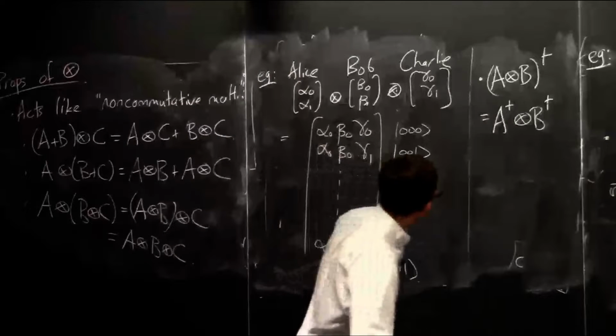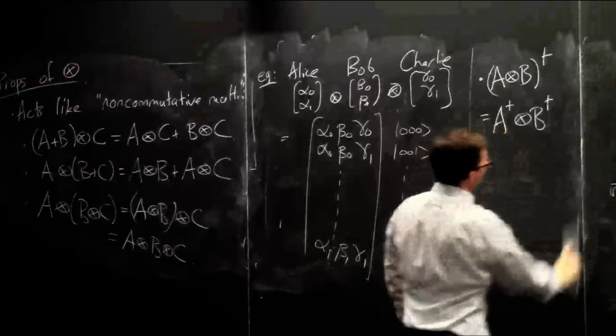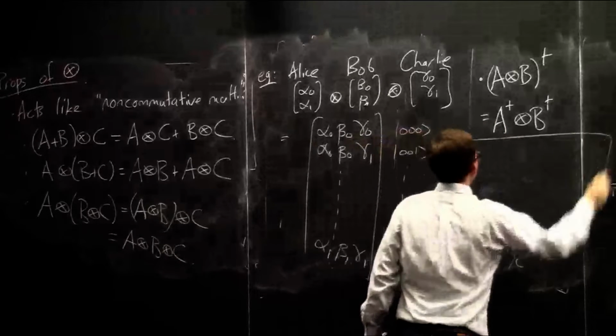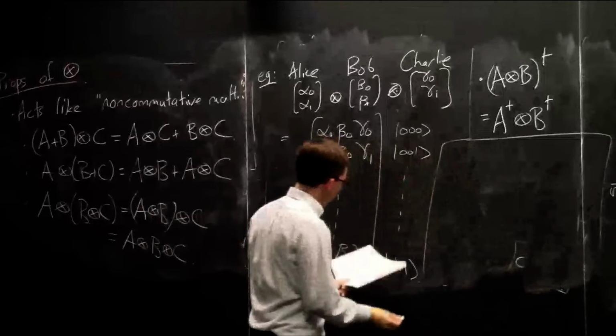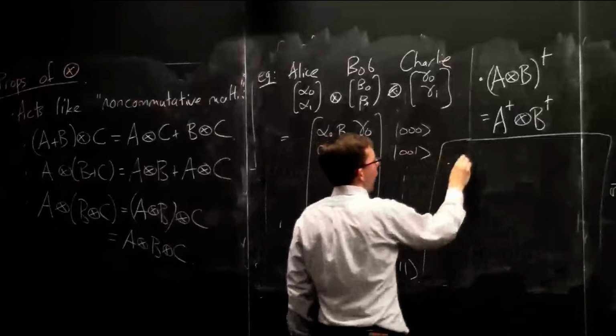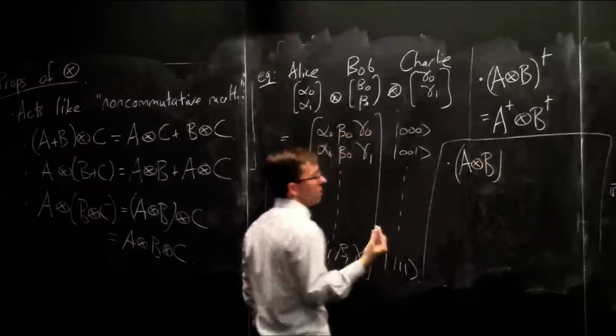And last property. Again, we don't need it yet, but I'll mention it now. This one is a little more annoying to prove, but I'm not going to prove it. We'll see why it's true anyway. Let's say you have A tensor B, so that's a very big matrix.